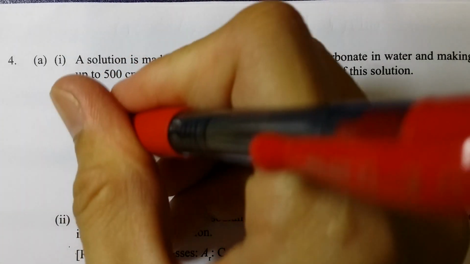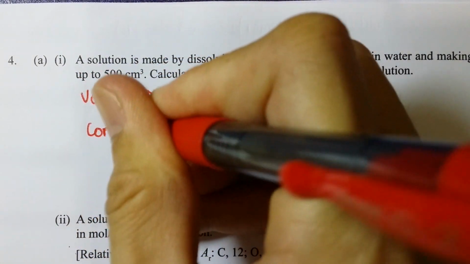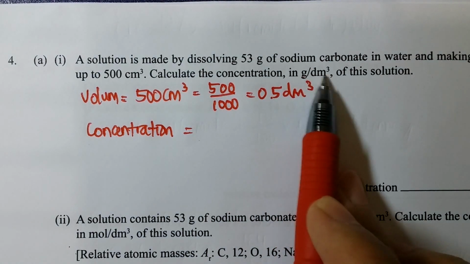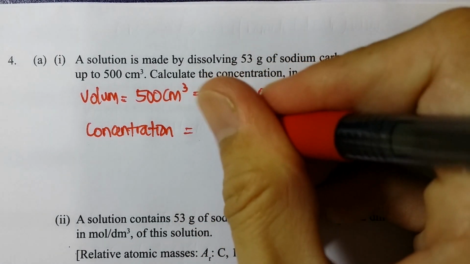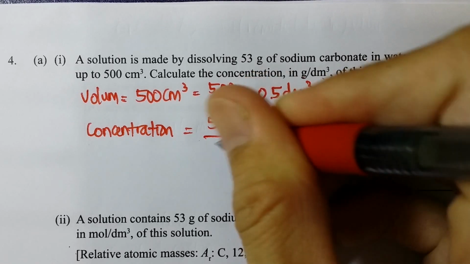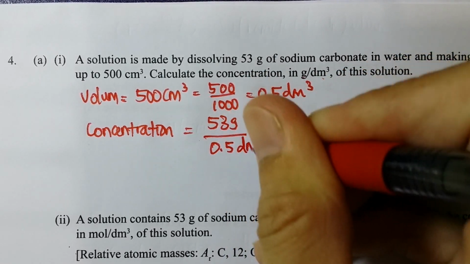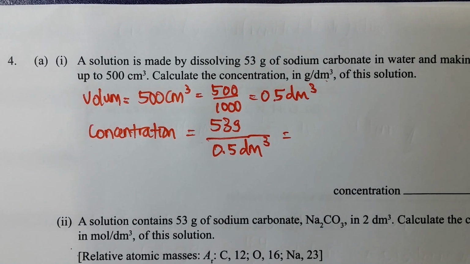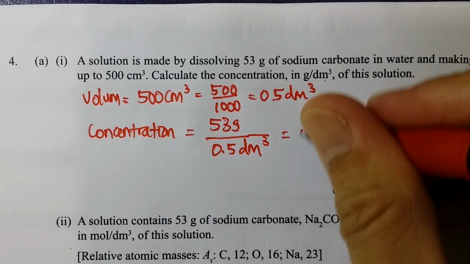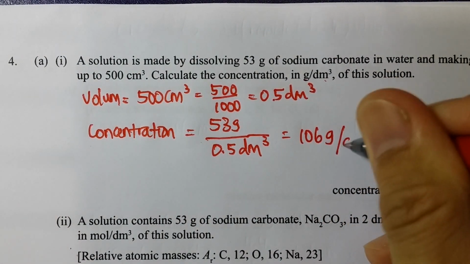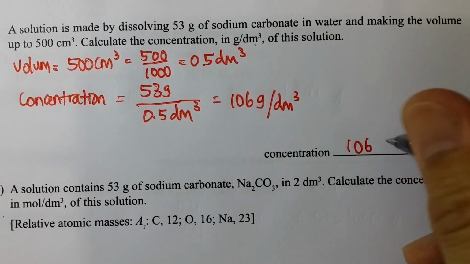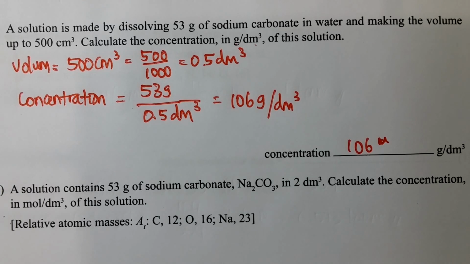And the concentration is mass divided by the volume, 53 gram divided by 0.5 dm cube, and that would give you 106 gram per dm cube. So this is 106.